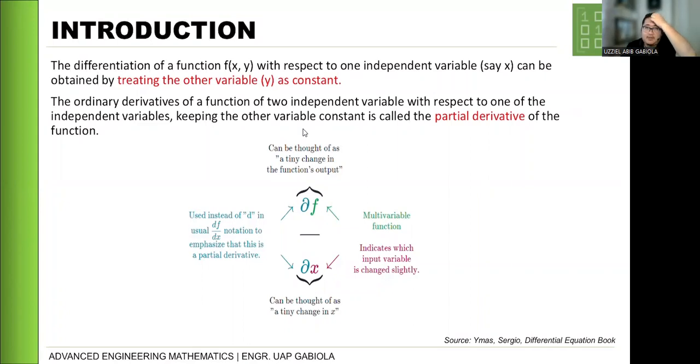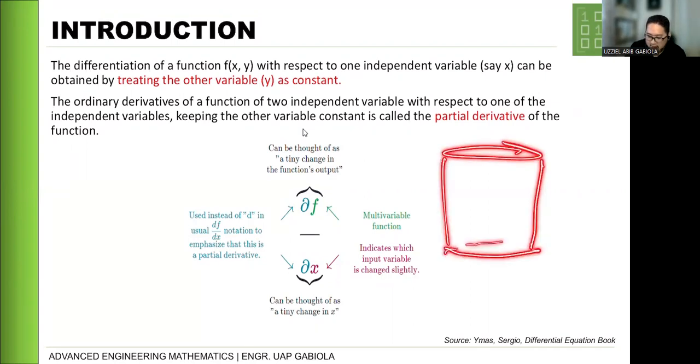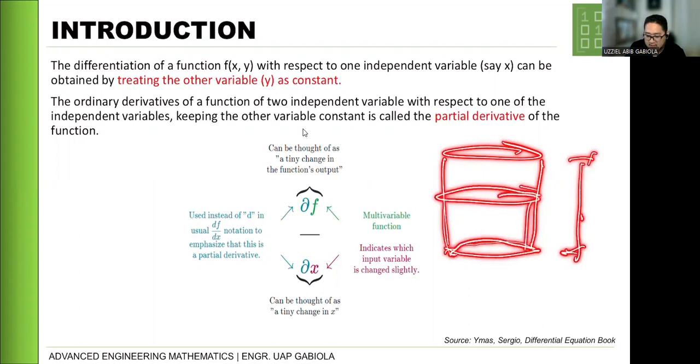Saan ba natin ginagamit to? Usually, halimbawa, kapag pinag-uusapan natin is, halimbawa, meron ka isang cylinder, no? Alam na ang itsura ng cylinder, no? Ayan. Halimbawa, pinapahanap is ano yung magiging change in height natin, no? So alam natin, pag nag-change yung height ng cylinder natin, mag-change man siya ng height, yung radius natin hindi nag-change. Okay? So ibig sabihin, yung radius natin doon is constant.